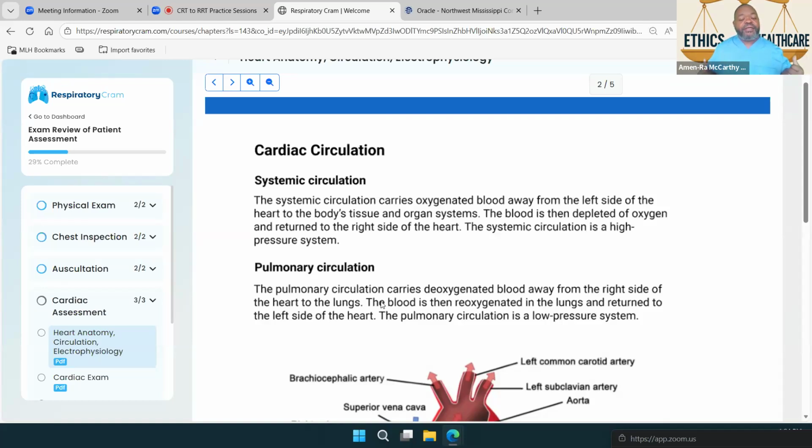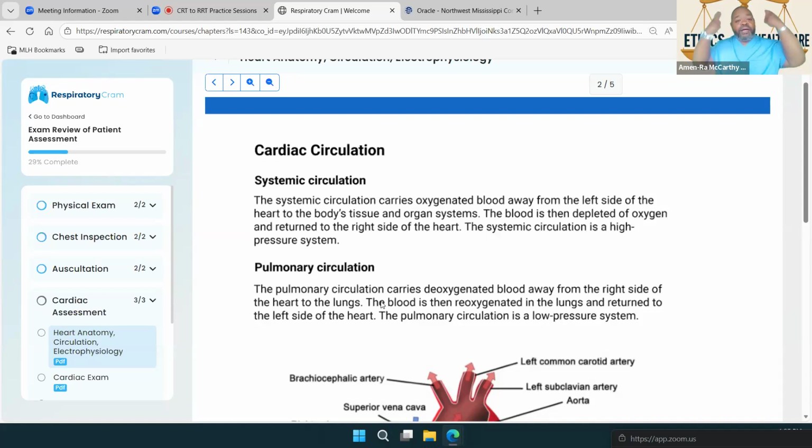Picks up that oxygen in the lungs, returns to the heart via the pulmonary veins, right? And both sets of pulmonary veins dump into the left atrium, goes through the bicuspid or mitral valve into the left ventricle, then slides up through the aortic valve into the aorta, and then back to the body.